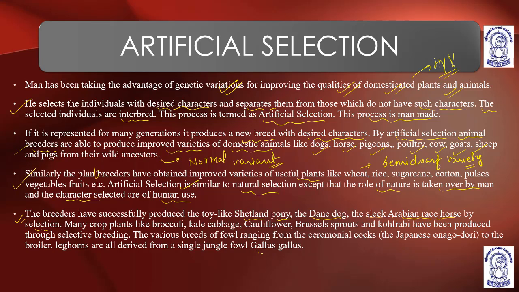So leghorns, exotic or improved varieties, come up with very good characteristics in comparison to the wild varieties, and that is why it is good to use them for commercialization.